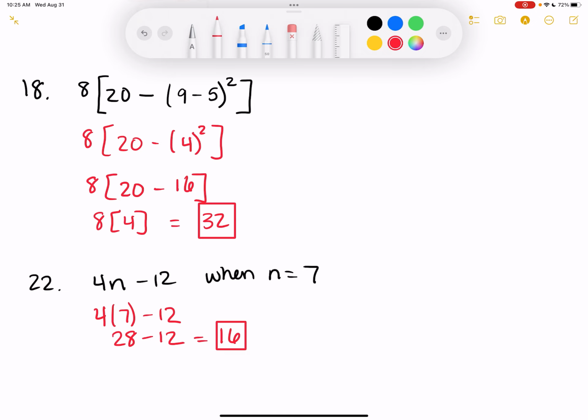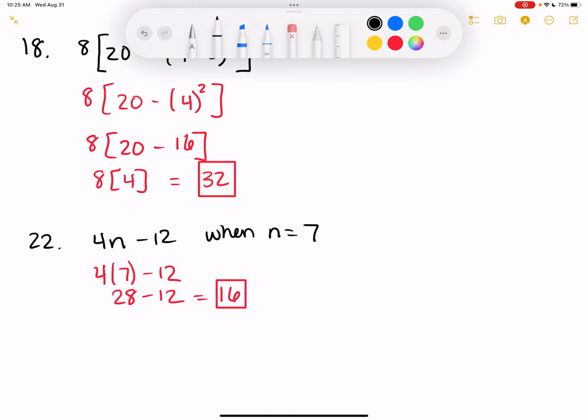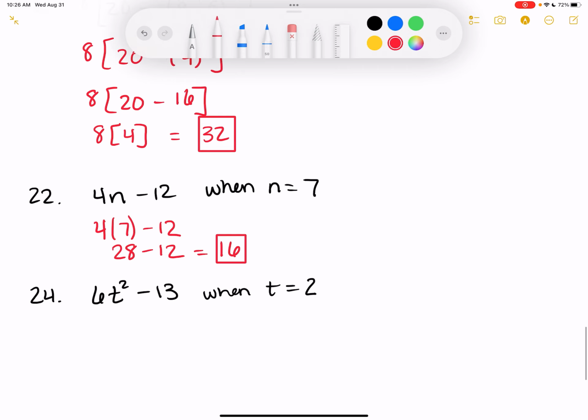Let's see, 24, kind of similar. We have 6t raised to the 2 minus 13 when t equals 2. So I have 6, and then I always like to put whatever I'm filling in in parentheses, raised to the 2 minus 13. So what do I do first with this one?